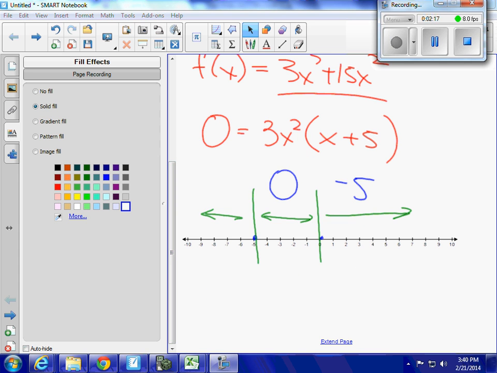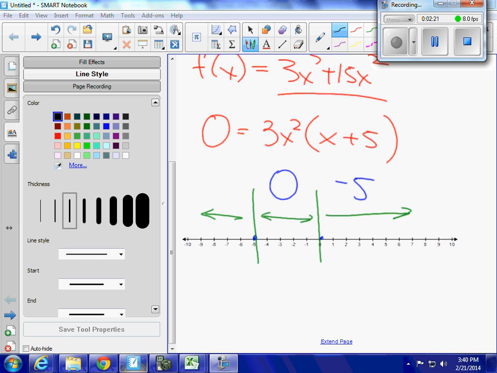So I'm going to write my intervals underneath the number line that I drew. This interval is from negative infinity to negative 5. This interval is from negative 5 to 0. And this interval is from 0 to infinity.